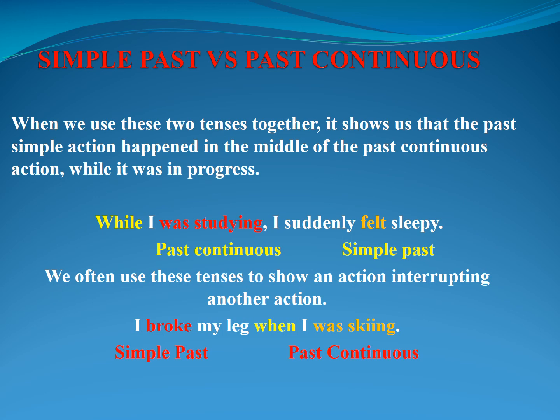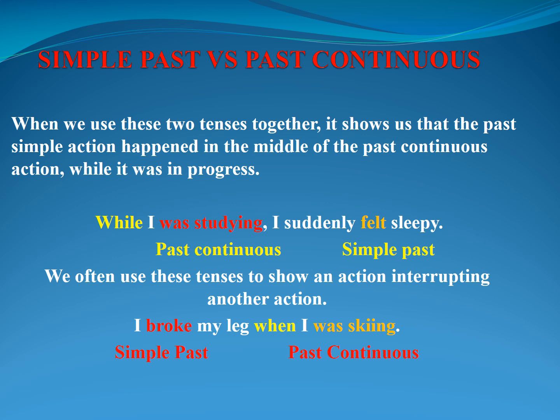So when we use both simple past and the past continuous together, it shows that the past simple action happened in the middle of the past continuous action while it was in progress or while it was still in the process of happening. So, for example, while I was studying, I suddenly felt sleepy.